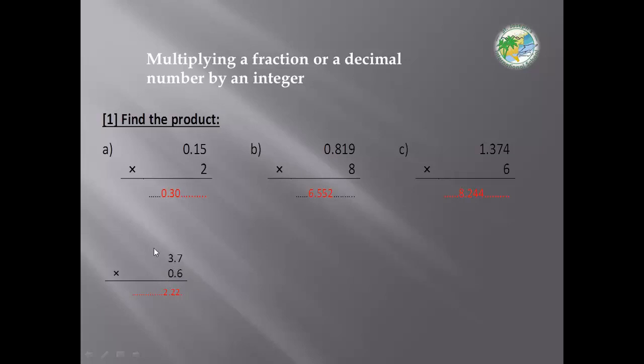The first number has the decimal point after 1 digit, and the second also 1. So 1 and 1 makes 2. So we write the decimal point after 2 digits. Okay?